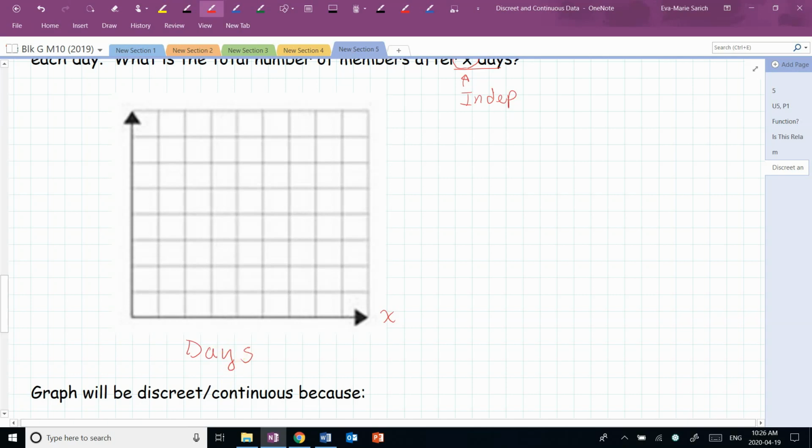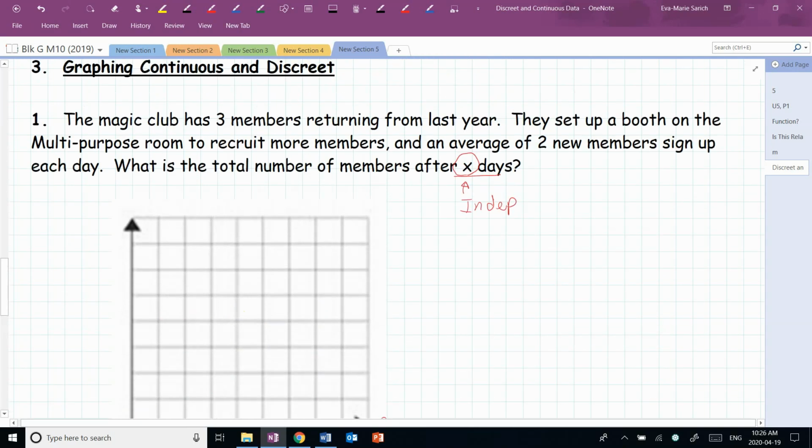We need to put a scale on this, so we're going to start with day 1, day 2, day 3, 4, 5, 6, 7, etc. Okay? Now the other thing that we are going to put on the graph is the number of members, right?